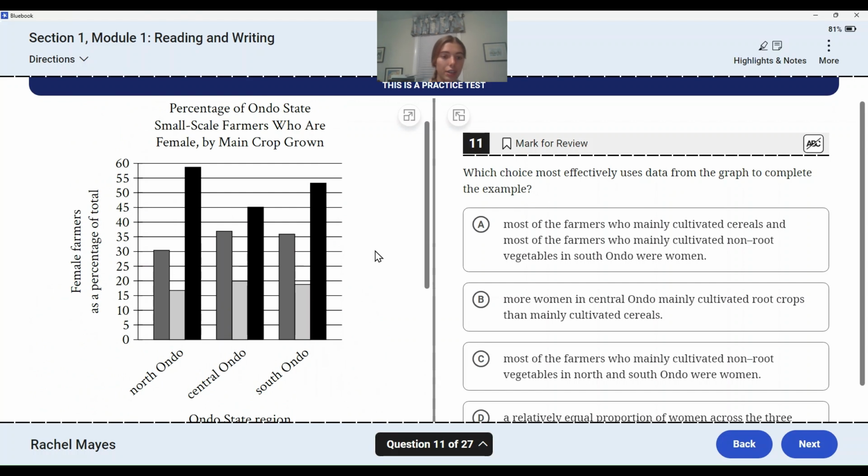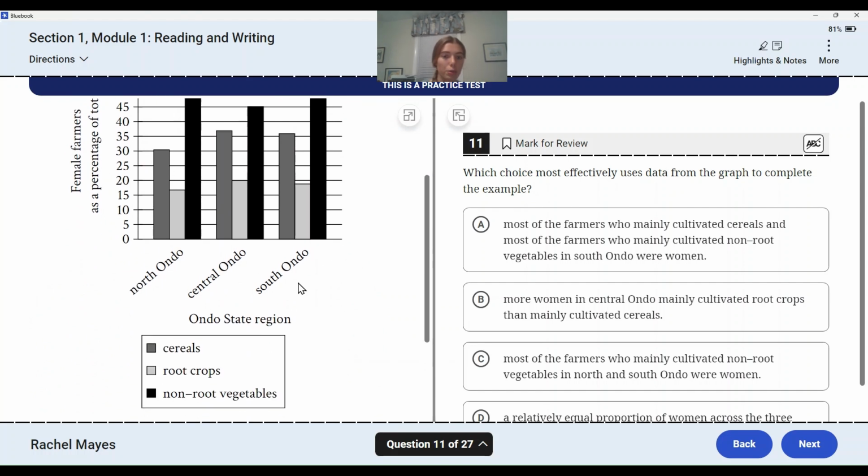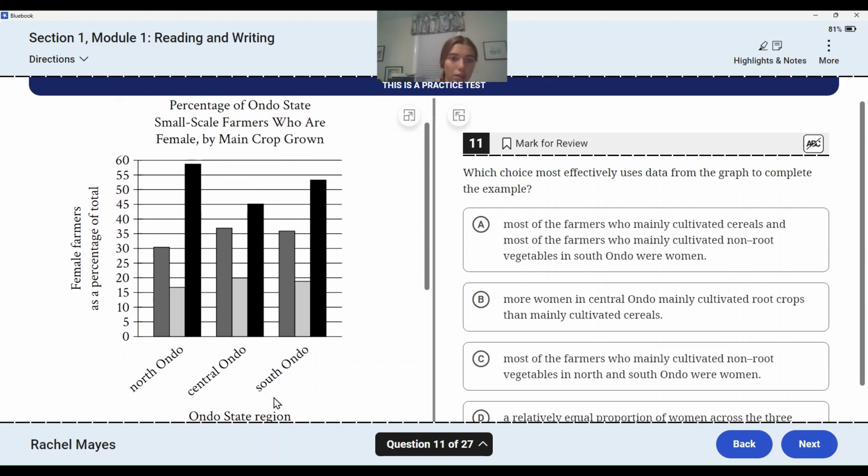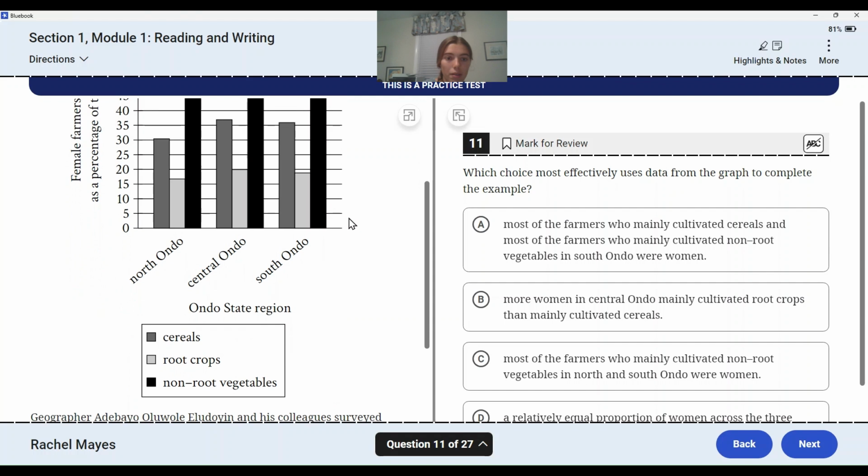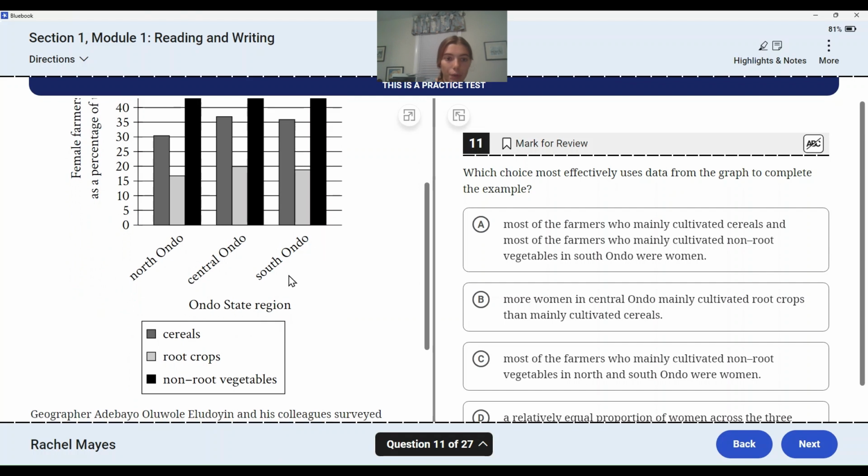So you have cereals, root crops, and non-root vegetables. And you're going to look at the 50% bar. It's right here. So it appears that in South Ondo and North Ondo, women are the majority farmers of non-root vegetables. So we're going to look for something like that in the answers.